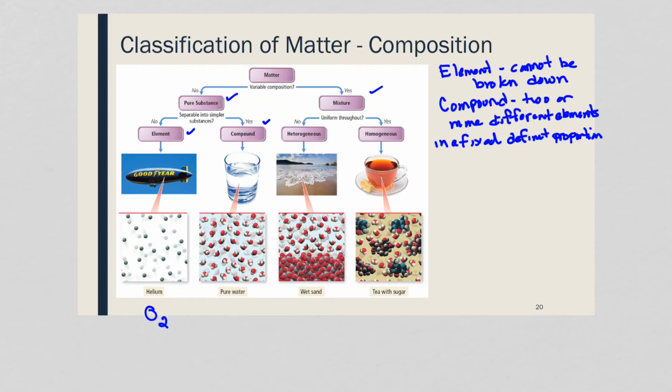So two oxygen atoms chemically bound to one another. This is a molecule of the element oxygen, but this is not a compound, because it only has one kind of element in it. In order to be a compound, it has to be something like water here, where we have two or more different elements. So while water is a molecule, it's also a compound.